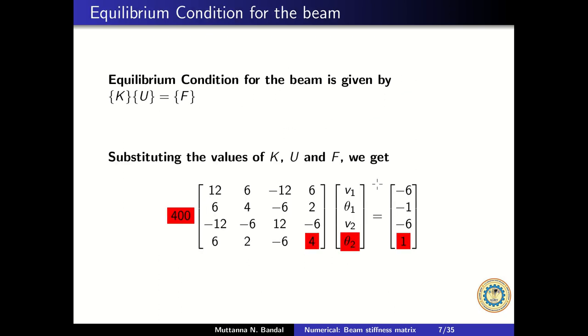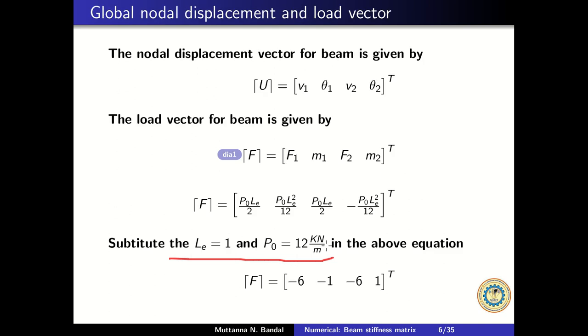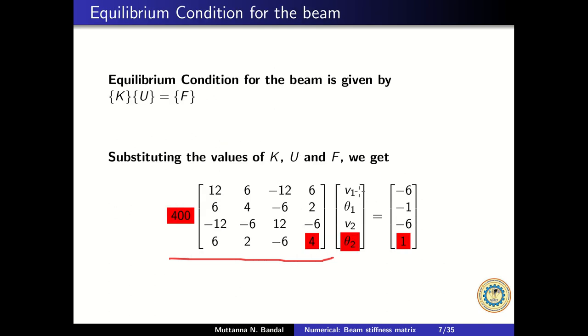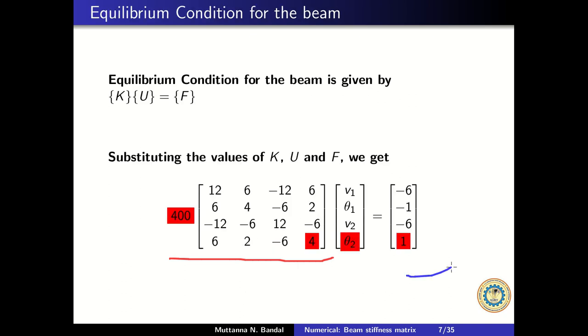So let us do that. So K I have substituted. So this K is from this equation, and v1, theta 1, v2, theta 2, and this load vector is from this F. So I'll go back.